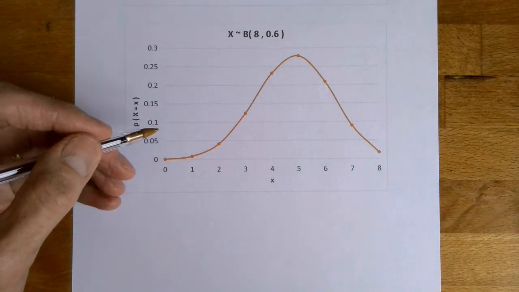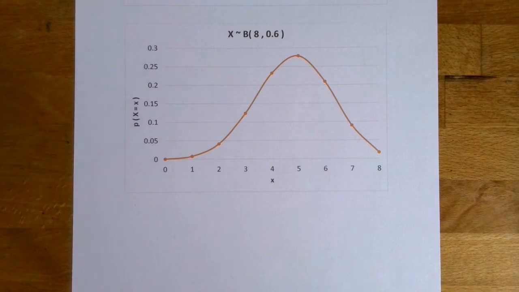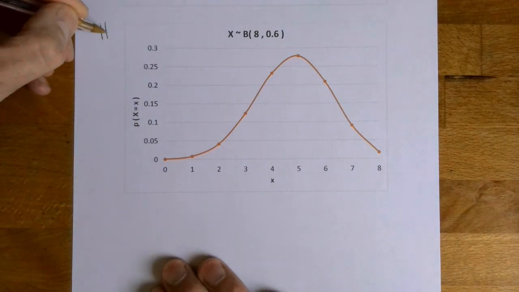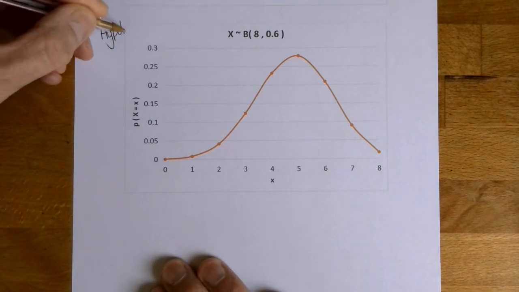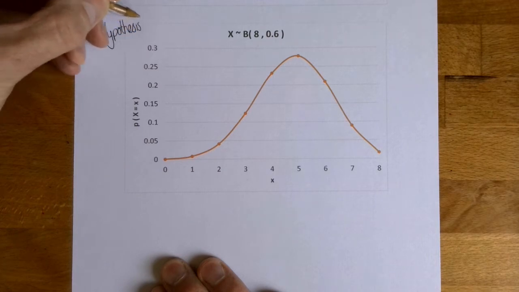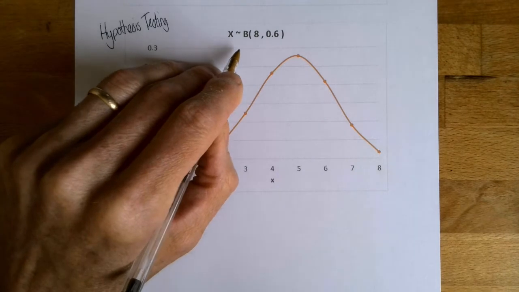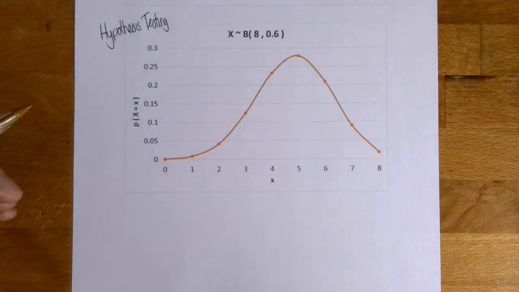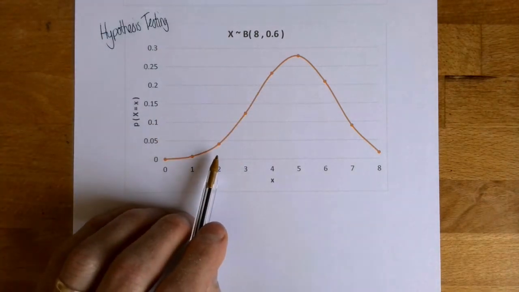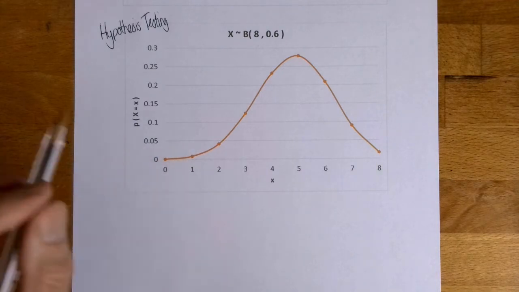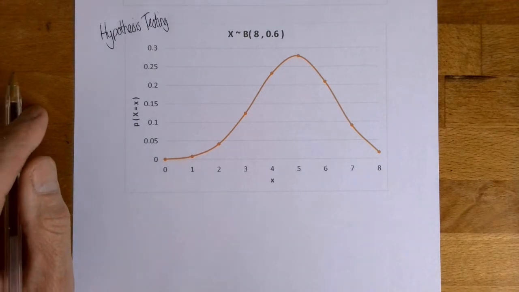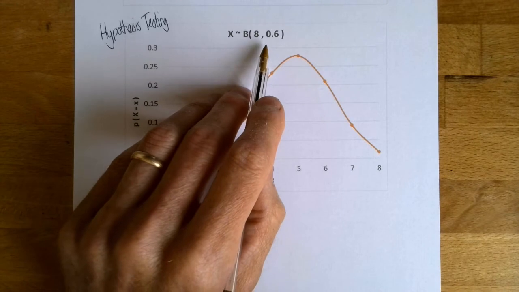And what we're looking at in this video is a process called hypothesis testing. Hypothesis testing is where you say, okay, this is what we think is true, but how unlikely do things have to get before we start saying, hang on a minute, are we sure that this is true?